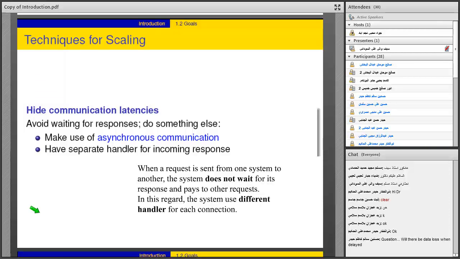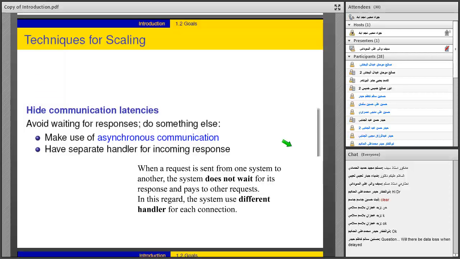In this regard, the distributed systems include some machines. These machines can communicate with each other to solve a problem or to run different applications.